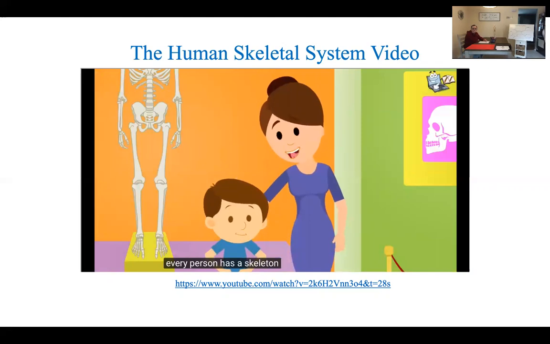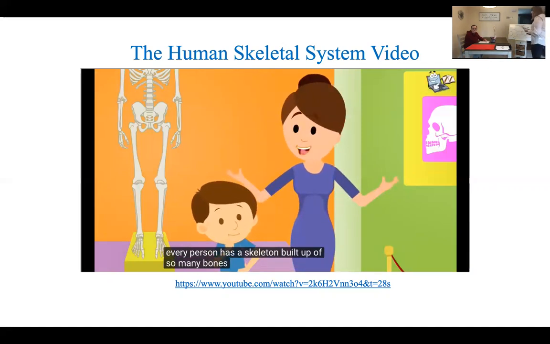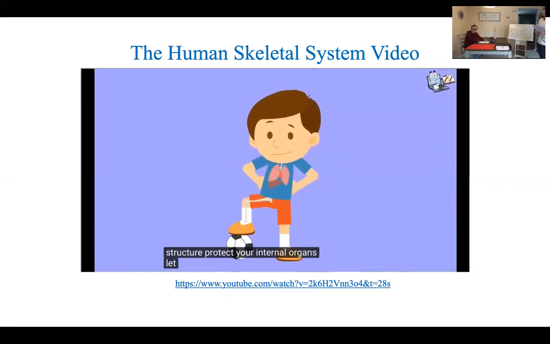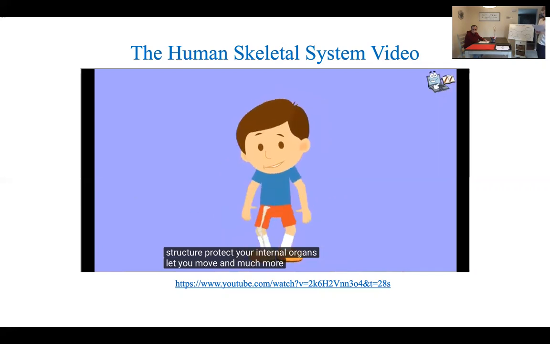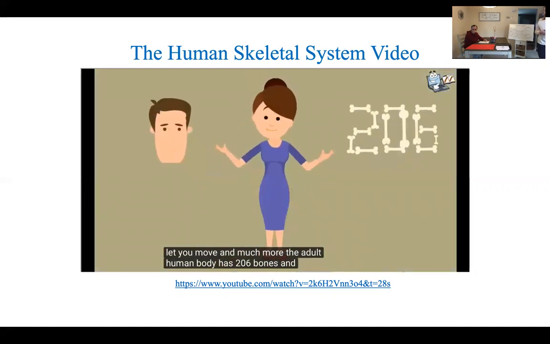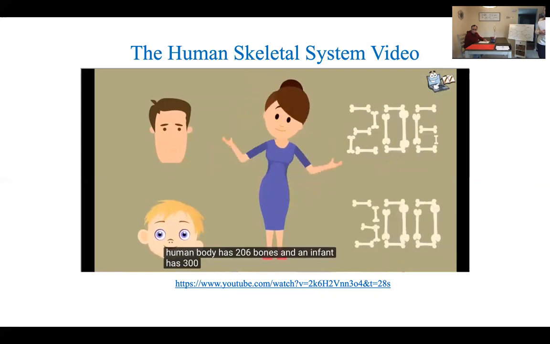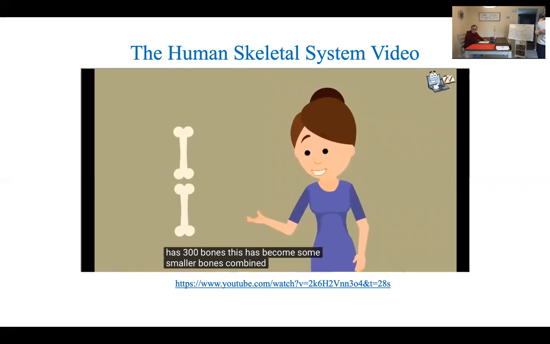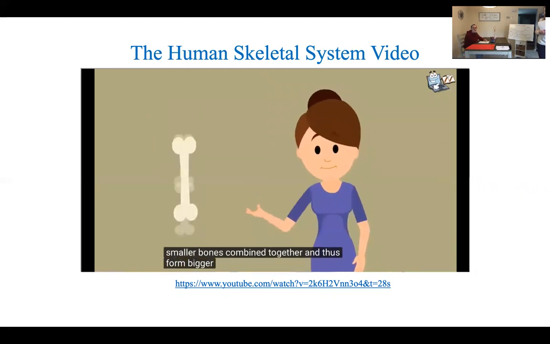Every person has a skeleton built up of so many bones. These bones give your body structure, protect your internal organs, let you move, and much more. The adult human body has 206 bones, and an infant has 300 bones. This is because some smaller bones combine together and thus form bigger bones.